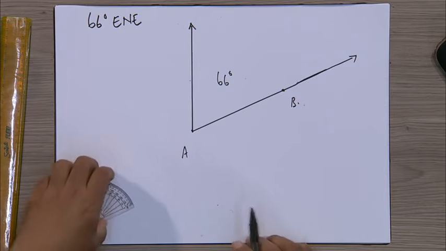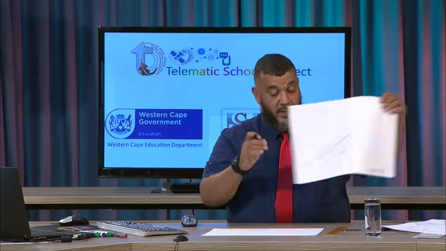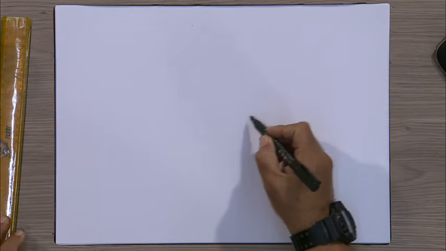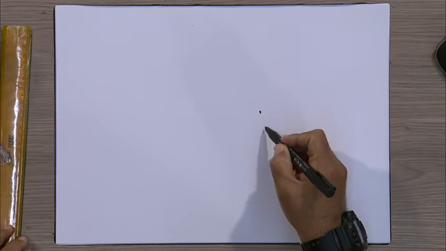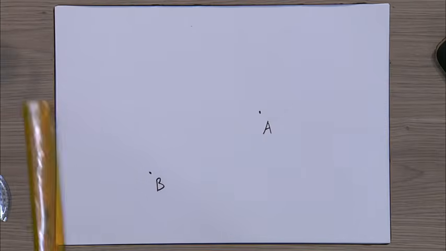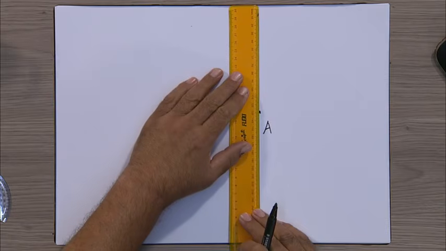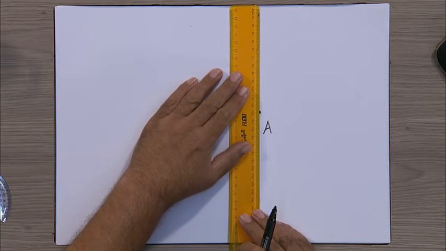If your angle is bigger than 180 degrees, I've got to calculate once again from A to B. What are the steps?